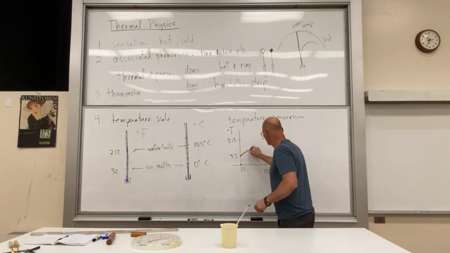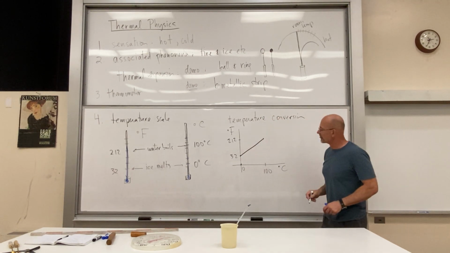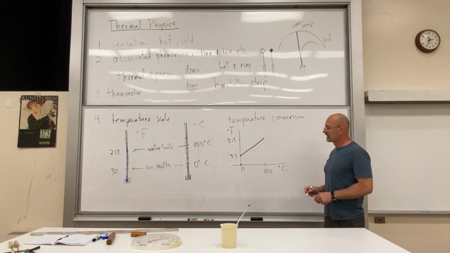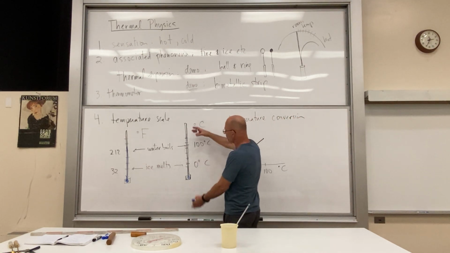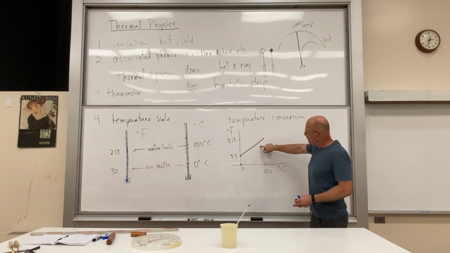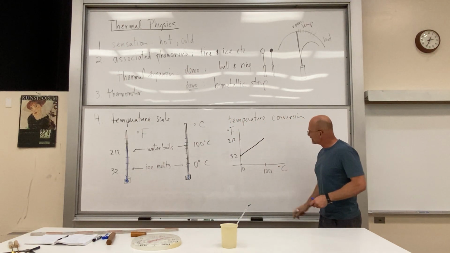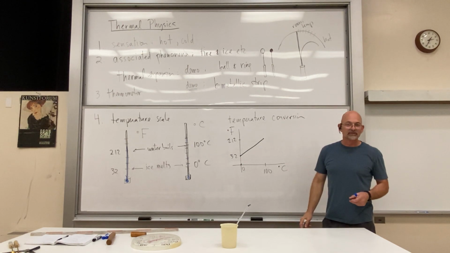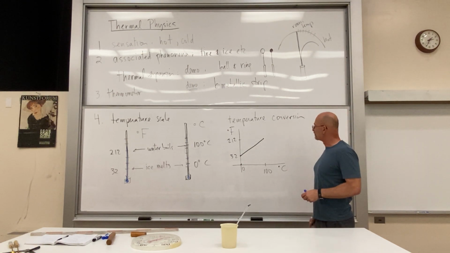Okay. Here's the thing. If we assume a linear relation between the two, and we can do that because we had these thermometers that we just gave different scales, then from this straight line graph here, you can actually derive the temperature conversion. So if you look up the conversion formulas, you can find them. I'll save them for you.